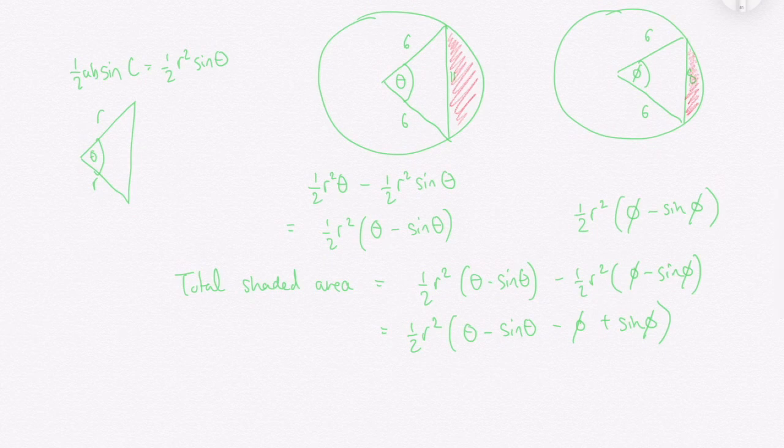And we know what r is. R is 6. So we have a half of 6 squared, which is 18, lots of theta minus sine theta minus phi plus sine phi.